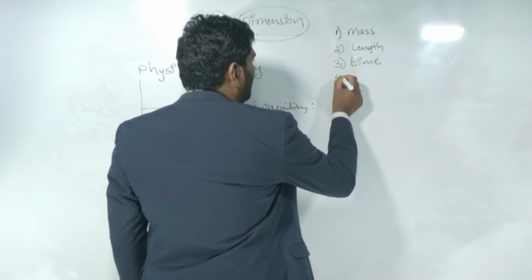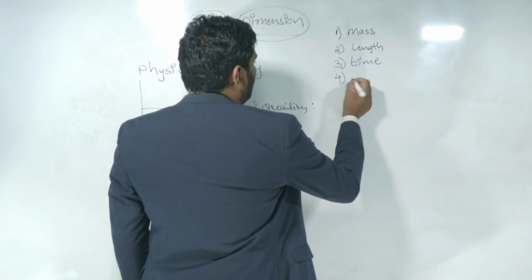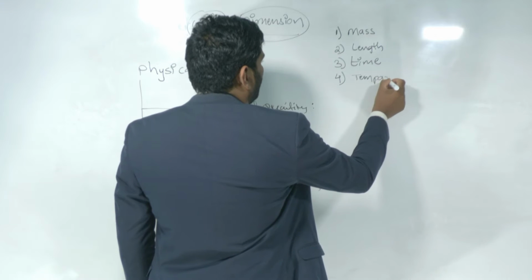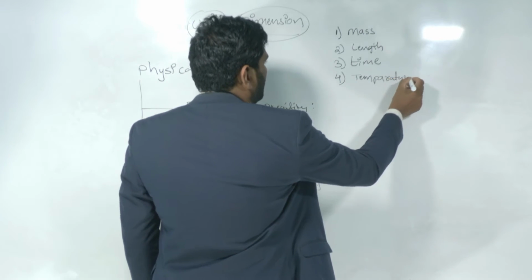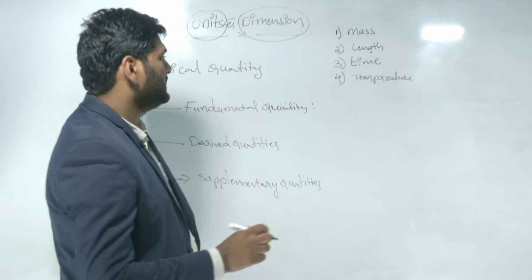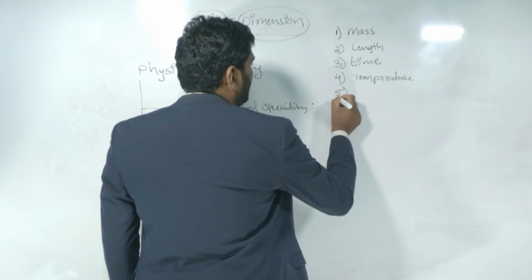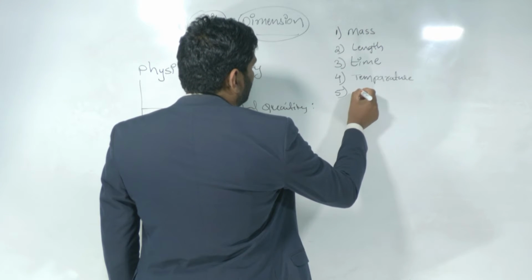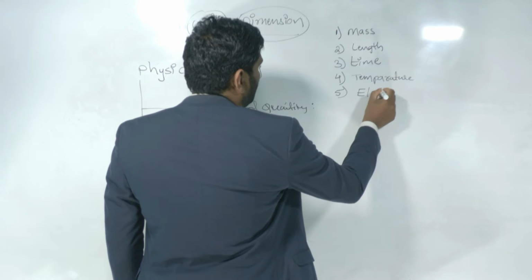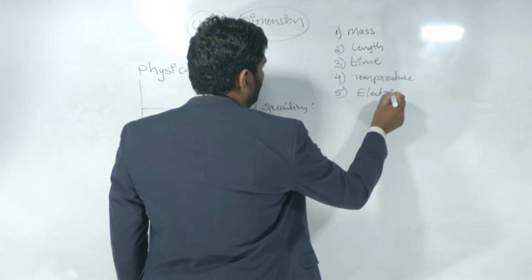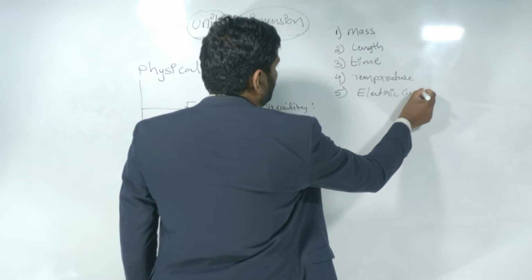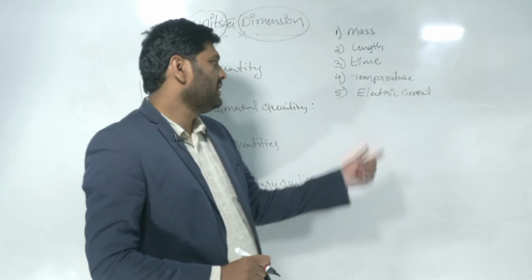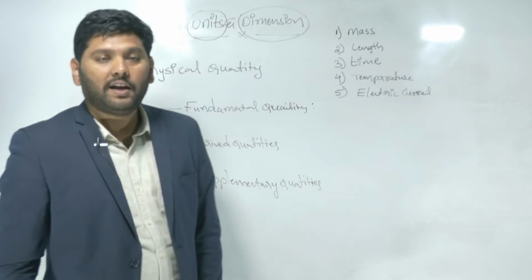And the fourth quantity, you can write as temperature. The fifth quantity is electric current. It will give shocks. If you touch this, what happens? You will get an electric shock. That is called electric current.